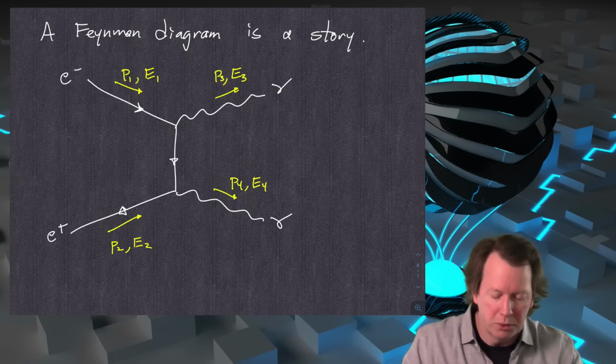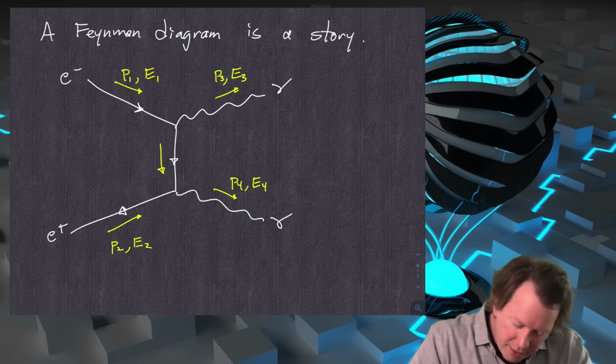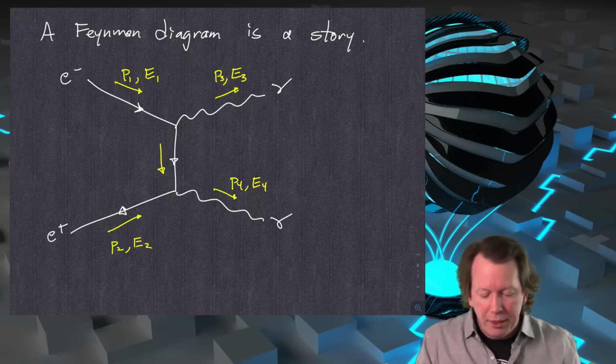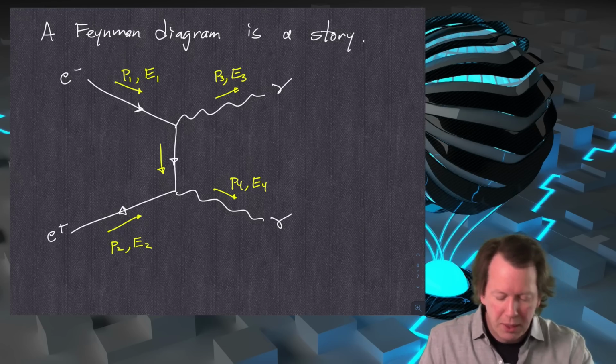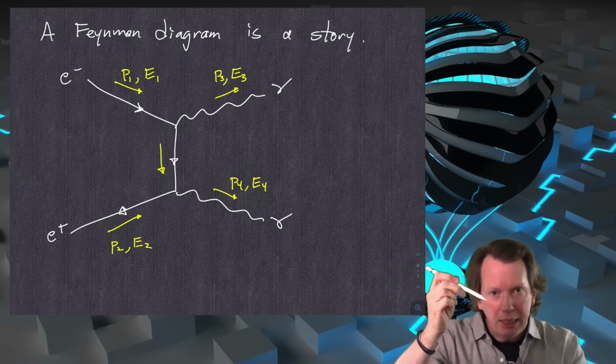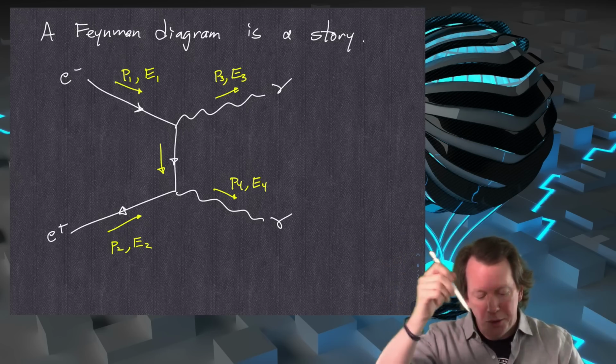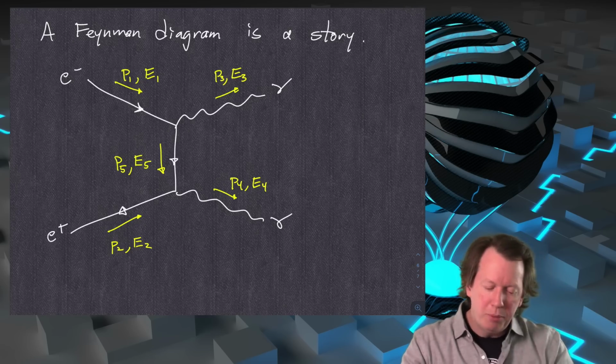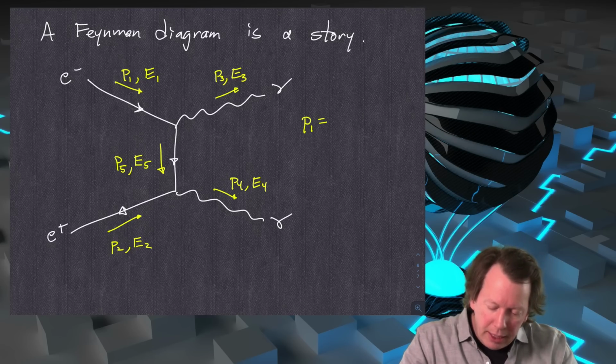That's part of Feynman's rules that he made up. So here you have a certain amount of energy and momentum, which I could write in two different ways, which are equivalent to each other. So when P1 comes in, it splits into the momentum coming down. Let me just write this as P5, E5. And the point is that P1 equals P3 plus P5, and likewise, E1 equals E3 plus E5.